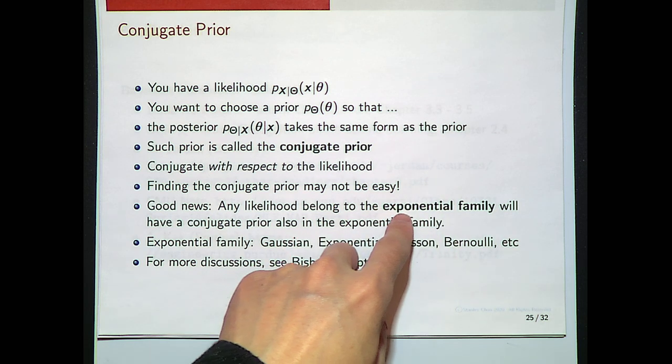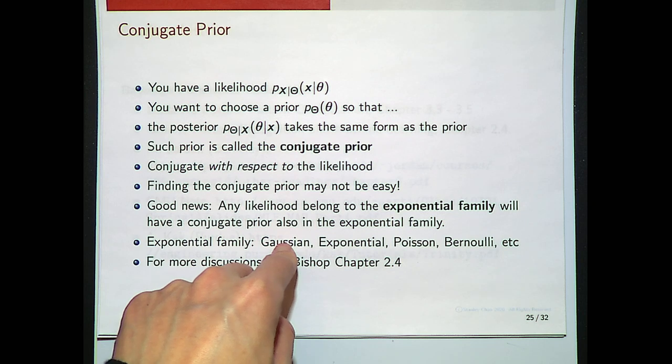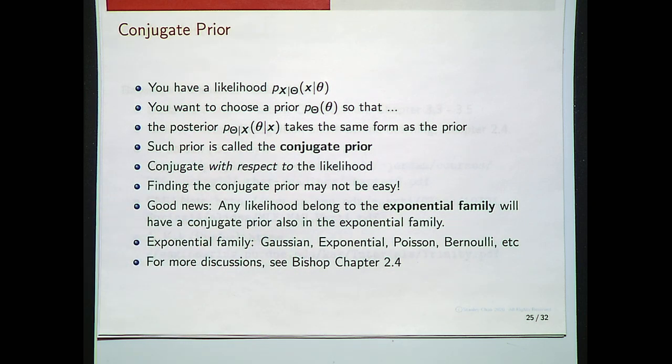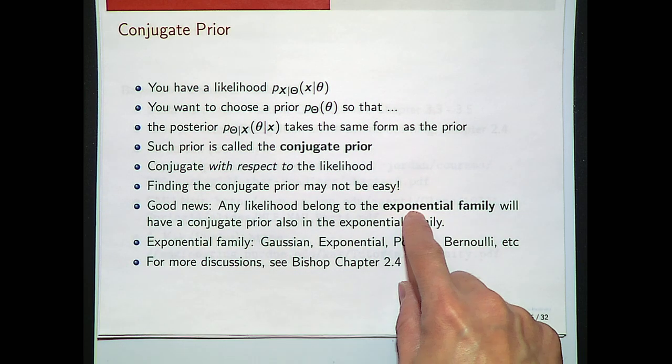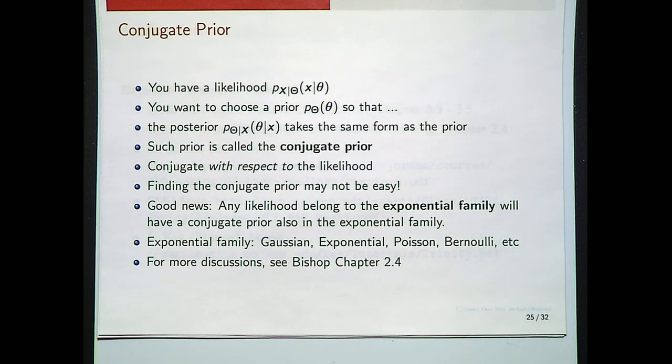Then all these exponential family distributions will have a conjugate prior. So the conjugate prior is guaranteed to exist if you are working on an exponential family distribution. That includes Gaussian, exponential, Poisson, a bunch of those. Now if we're working on something outside the set, then it's a question mark whether you can find it or not. But if you're inside, then you're guaranteed to find it.